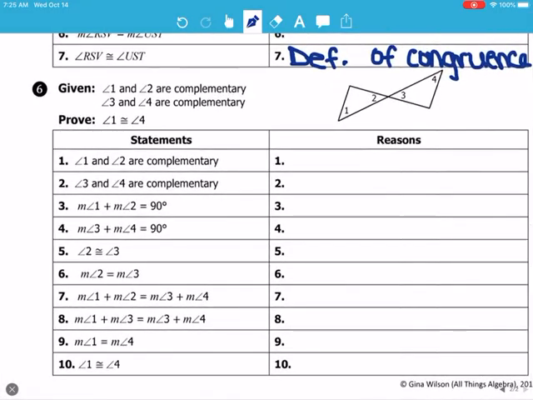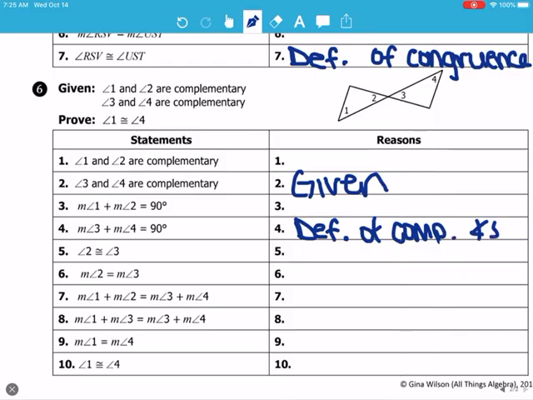Okay, last proof. This one has a lot more happening. So let's do one of the givens. Let's do definition of complementary angles for number 4. I'm using abbreviations, so please let me know if you need help understanding my abbreviations.